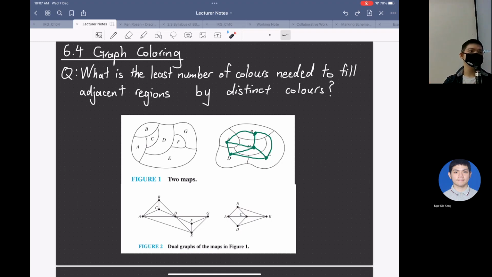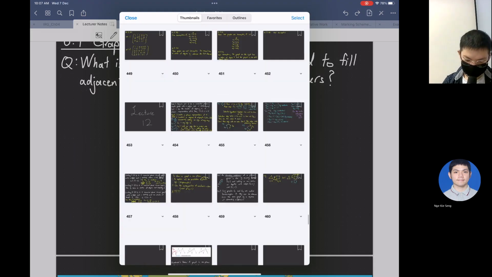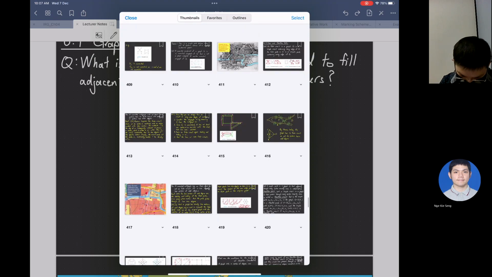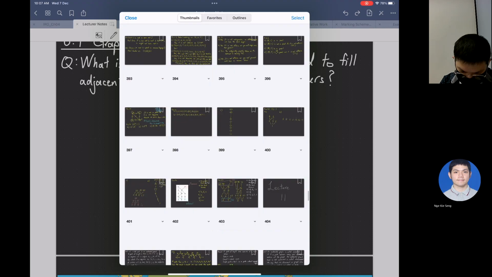That's a bipartite. Remember or not? Or do I need to recall the statement? Okay, let's recall the statement.